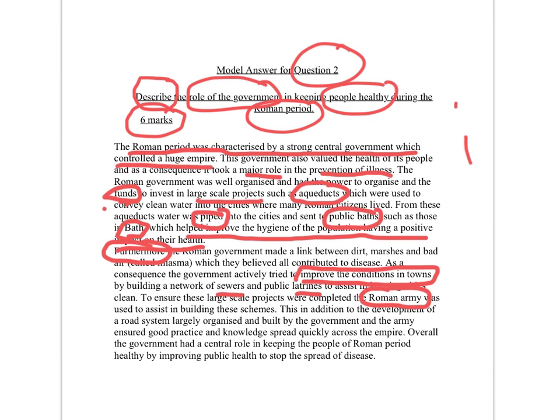So the Roman army plays a role, and the central government organises that Roman army, and they're used to build these schemes, such as the aqueducts, such as getting the piped water in, such as making sure there are reservoirs.